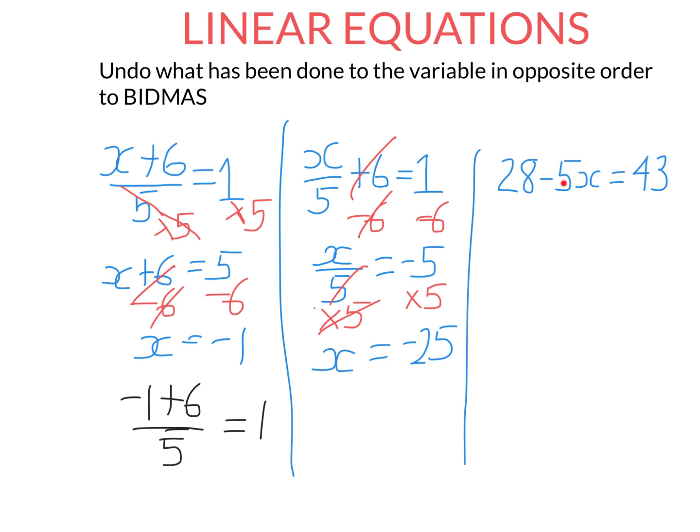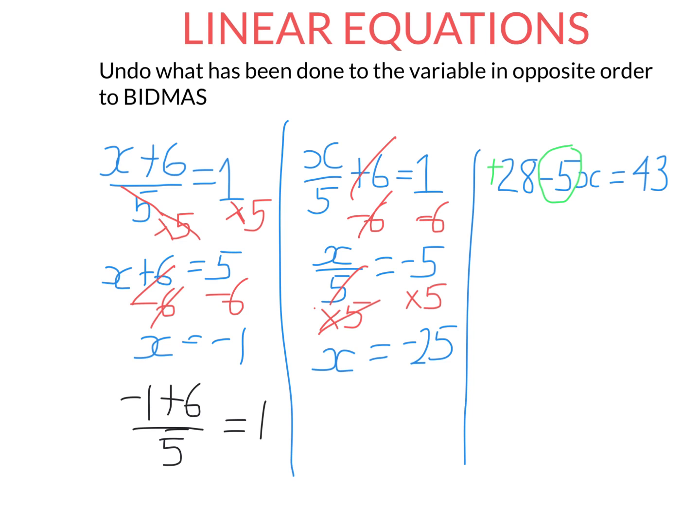X was multiplied not by 5, but by -5 first. See, this negative belongs to the 5. So what we've done here is multiplied x by -5. Now this 28 is positive, so we must have added 28. I understand why this is a bit confusing. What we've done to x is we've times by -5, then added 28 to get 43.